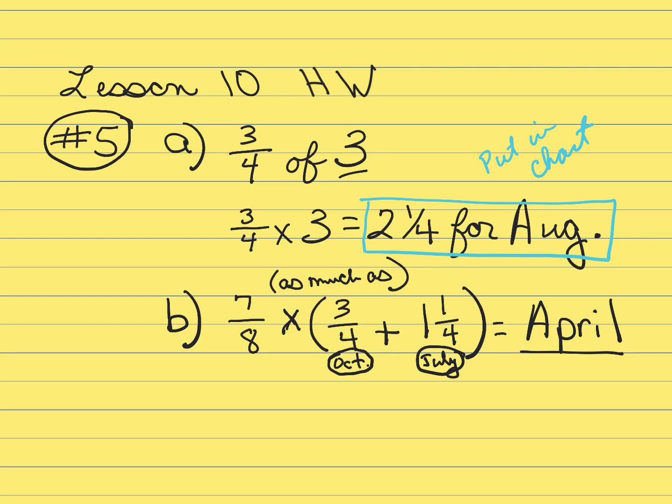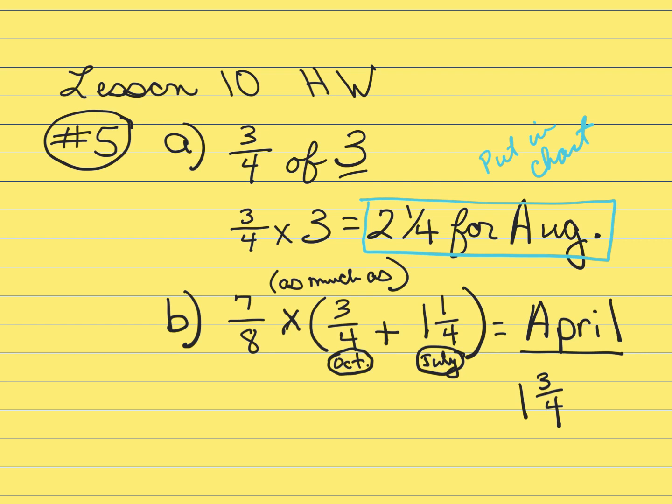So if you look here, 3/4 was combined pounds in October and 1 1/4 in July. So we combine those two, we add them together. And if you do this, you will find April's. And April's ends up being 1 3/4.